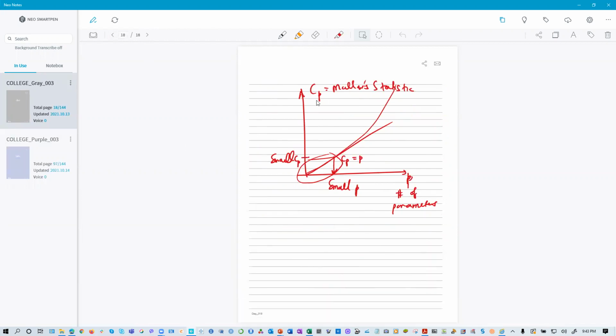Also, see, CP versus P looks like a curve, but at the very small CPs, CP will be equal to P because they fit into a straight line. CP equals P. What's going to happen there?